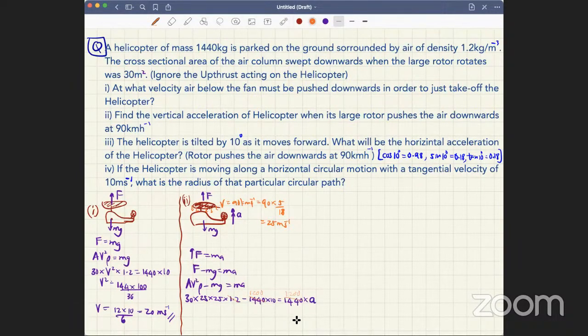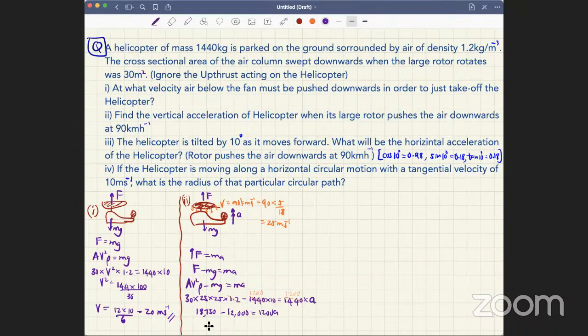And yes, so what will I get here? 30 into 25 into 25. What is that going to be? 625 into 30 is 18,750, I think, minus 12,000, correct me if I'm wrong, equal to 12,000 a.